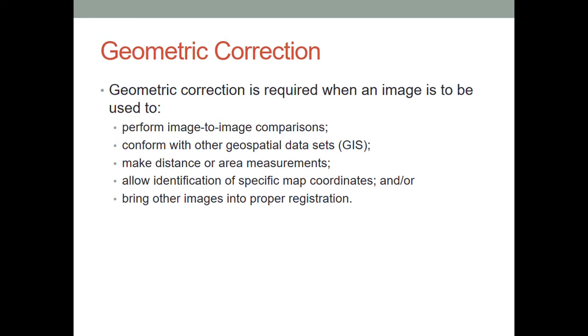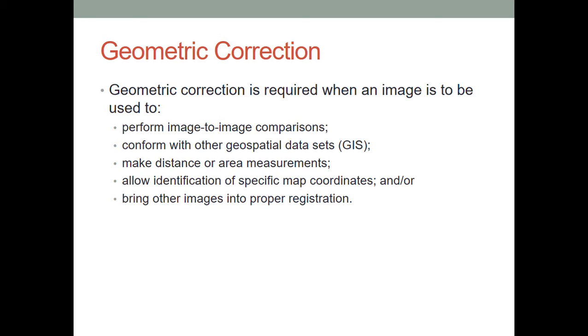And it allows identification of specific map coordinates. A very simple example is Google Earth. When you zoom out until you can see the whole globe, it is all curved. The moment you zoom in, it simply flattens the surface so that it's easy for you to use.